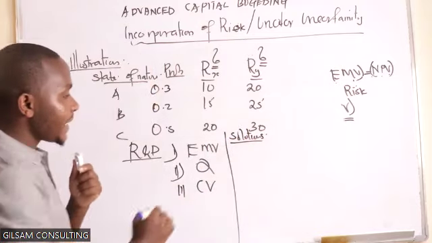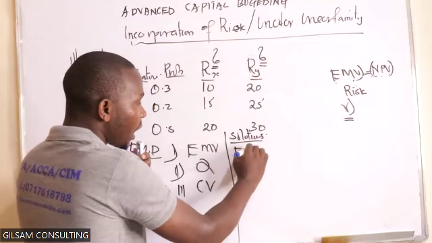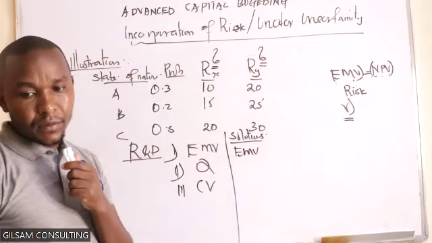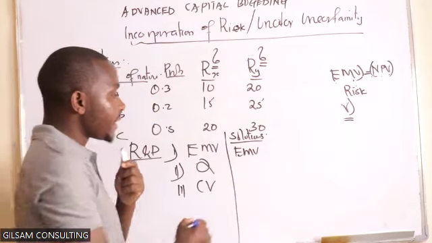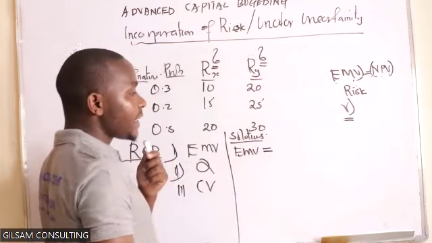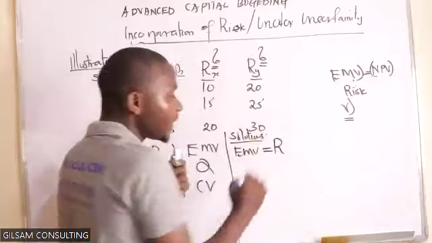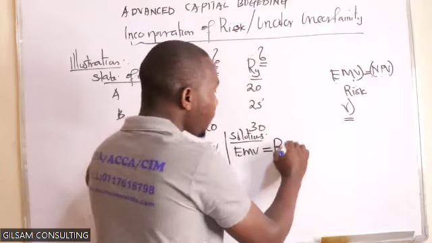So how do we get expected monetary value? You get expected monetary value by taking the return times the probabilities.